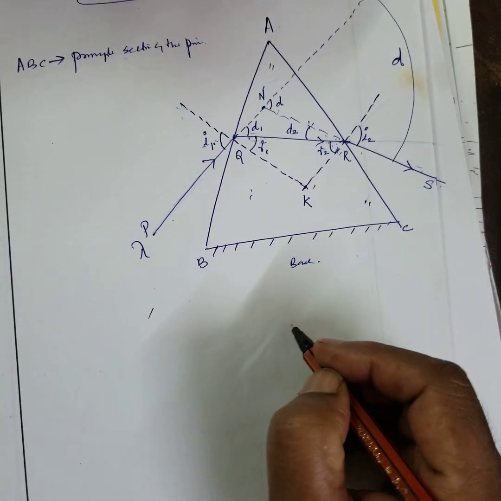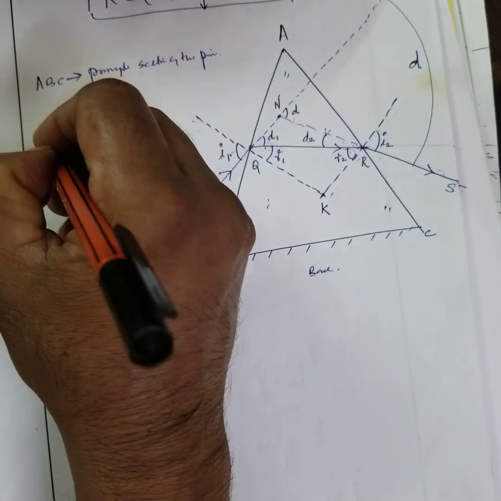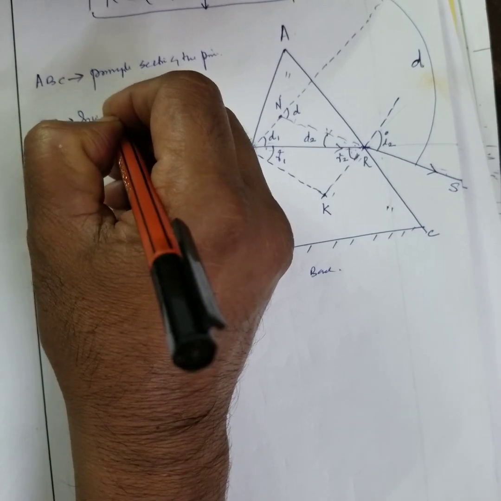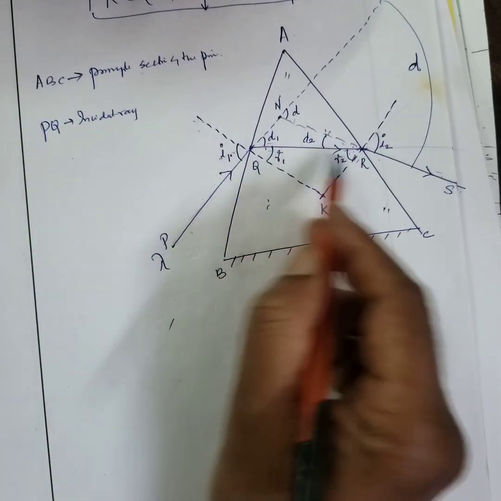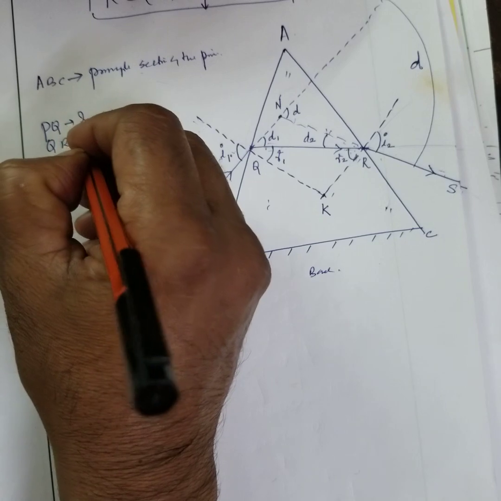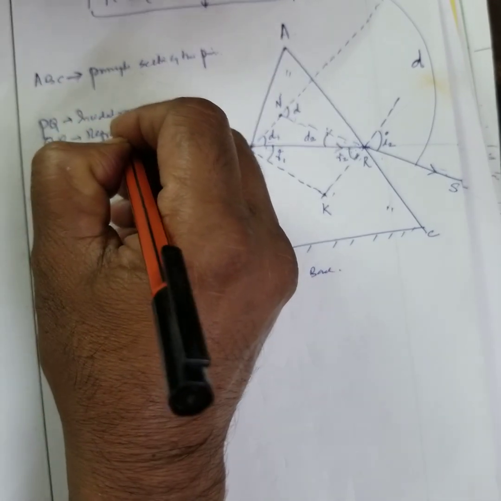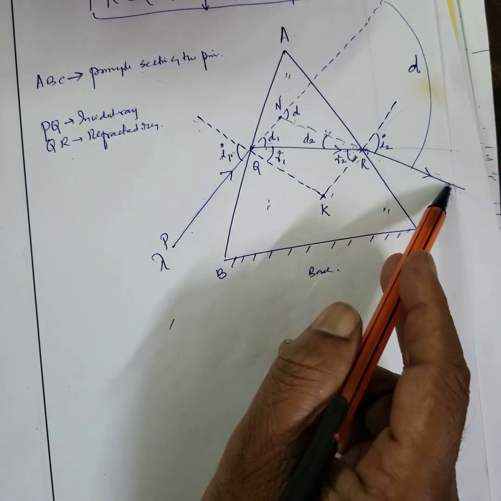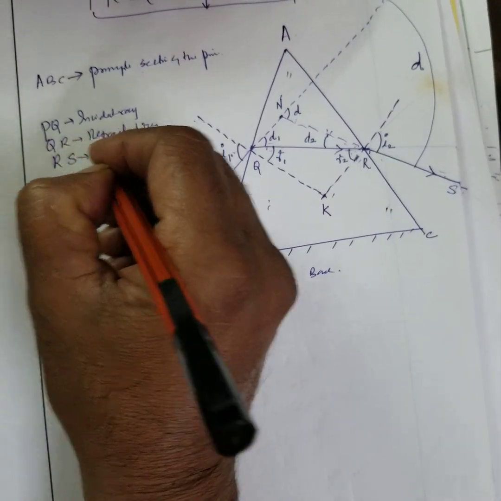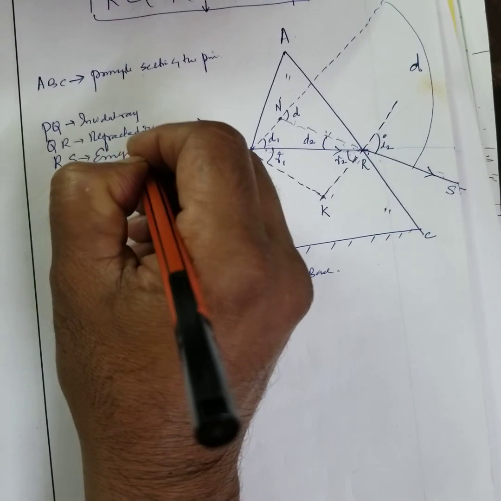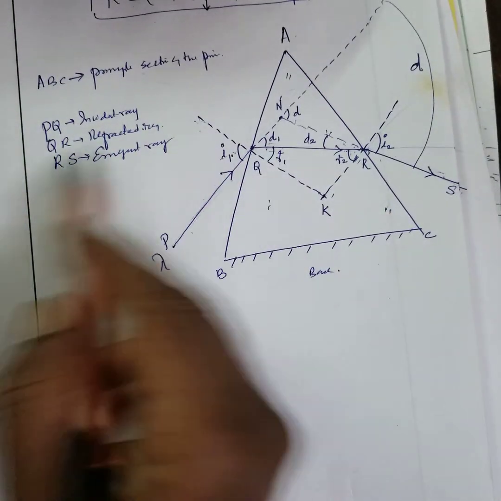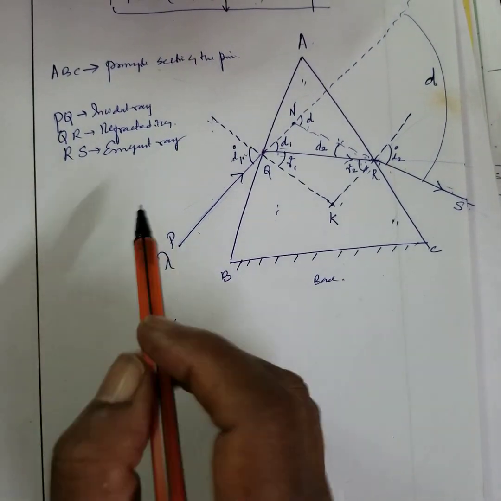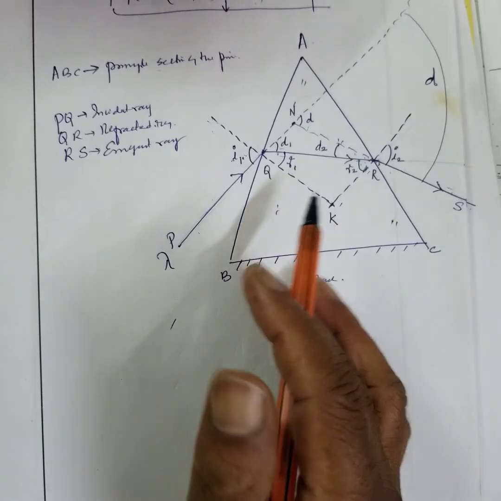If I draw this triangle, PQ is the incident ray, QR is the refracted ray, RS is the emergent ray. My handwriting is not correct here, but in the examination your handwriting should be proper.